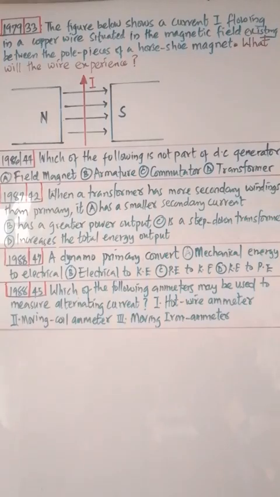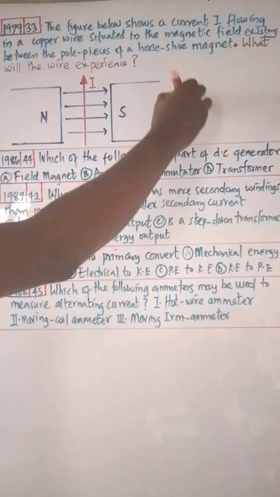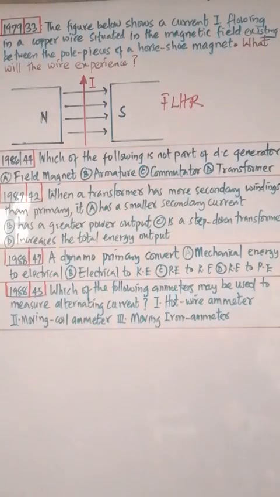If it's paper, inside the paper. If it's your monitor, inside the monitor. So this conductor will experience a mechanical force that will push it inward. That's the direction of motion, according to Fleming's left hand rule, to get the direction of motion for a current carrying conductor in a magnetic field.